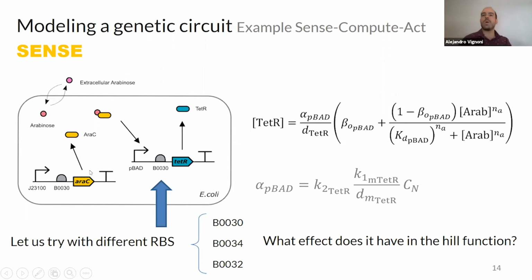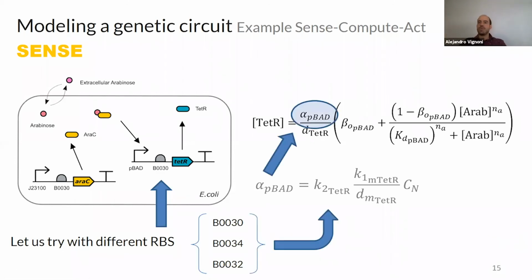So I want to know what happens if I change the RBSs, and how I have to change the parameters to represent this change. So what is the effect of making these changes in the Hill function? We take a look at the equation. If you remember, the RBS will have an influence on the translation rate, which is given by k2.